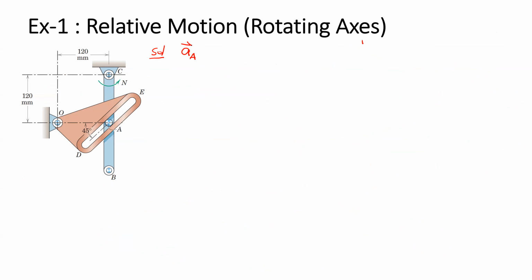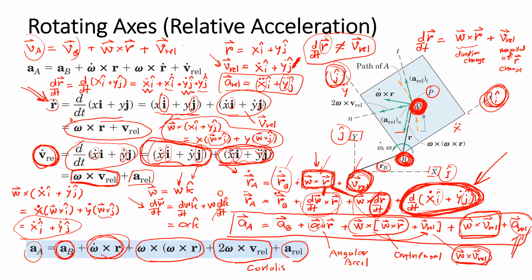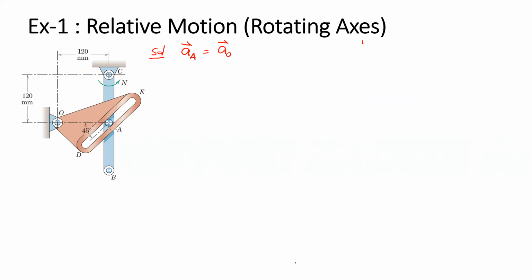Acceleration of point A can be related to the origin of the frame at point O, and the angular acceleration alpha, the centrifugal, the Coriolis, and the relative acceleration. What is the acceleration of point A?